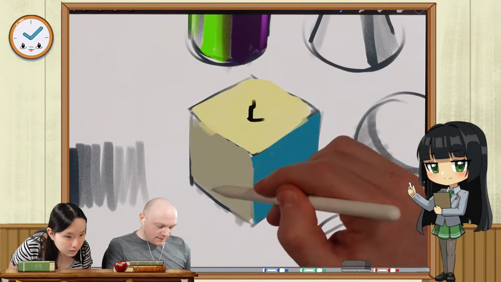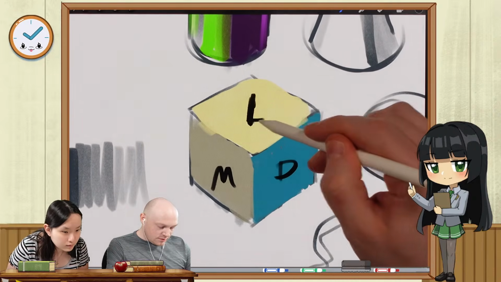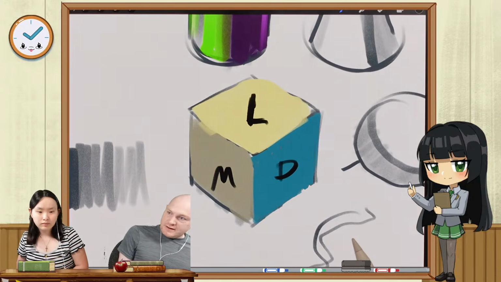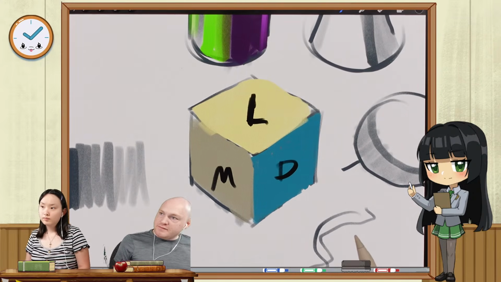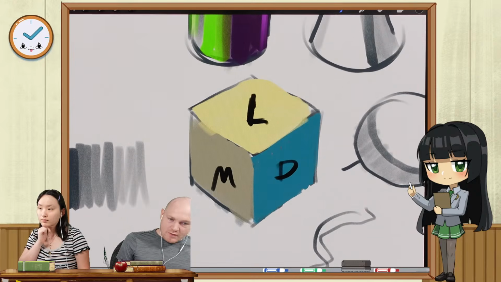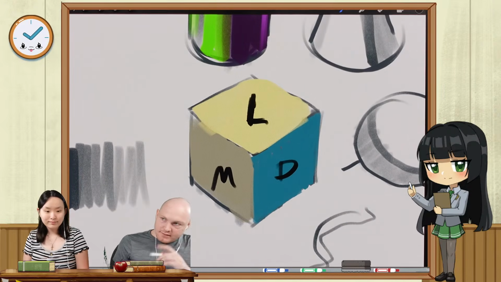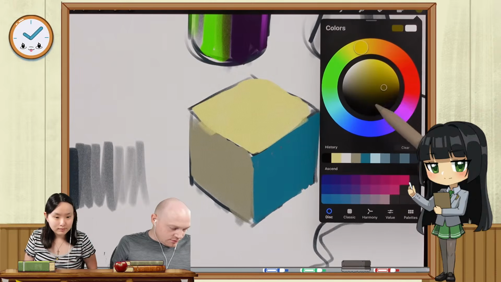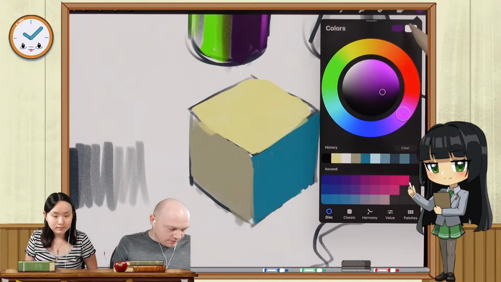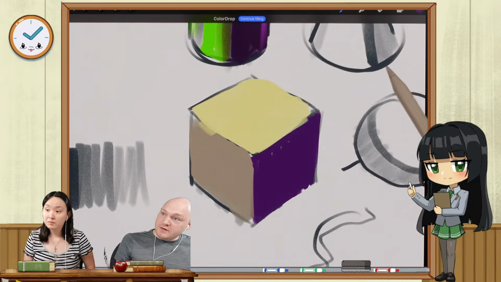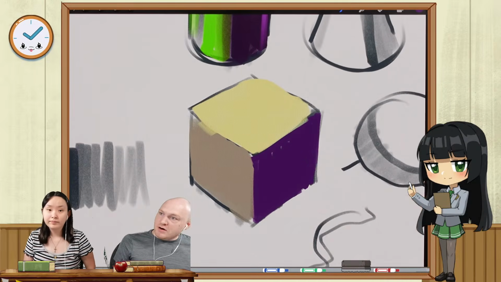Compositionally, the piece is solved as soon as I know what's light, what's dark, and what I want the viewer to look at. Then the color doesn't matter. I could make this green or pink or whatever, and the cube's still solved. It's still got a light, medium, and dark.